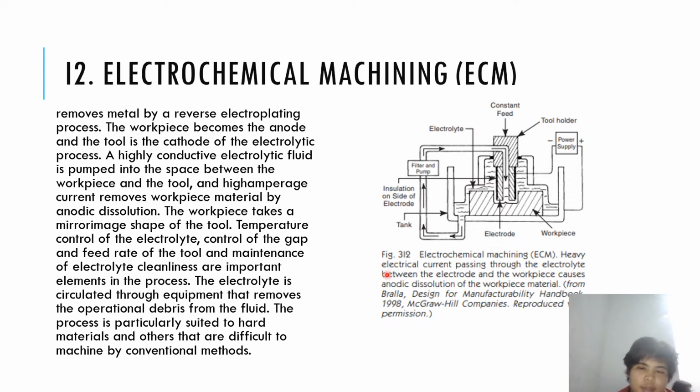So the electrochemical machining setup goes from the tank, of course, through an insulated set of electrodes, and is pushed again to the electrode, and this is the workpiece, the tool holder, and constant feed. So the feeding is going to keep on.